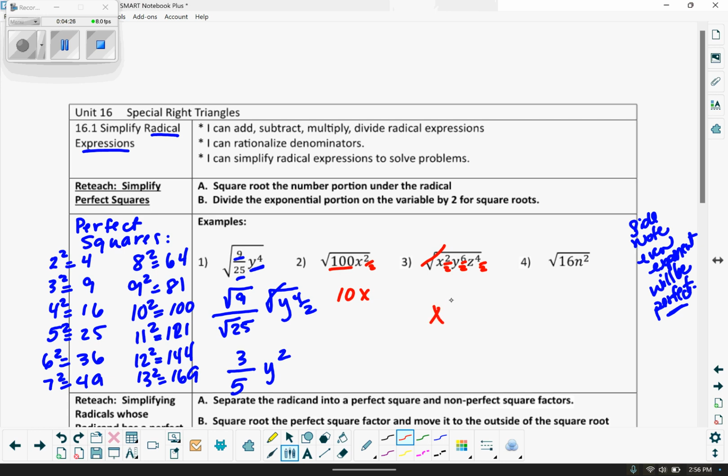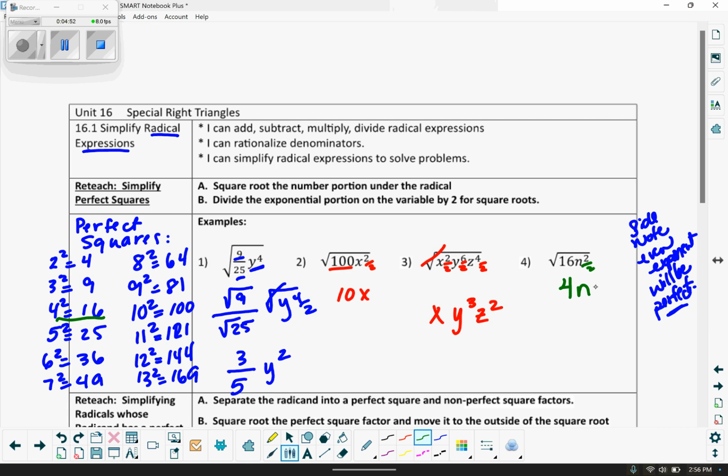So it's going to be x to the 1st, y to the 6th divided by 2 is y cubed, and z to the 4th divided by 2 is z squared. And the last one over here, the square root of 16, well, that's one of mine over here, so the square root of 16 is 4, and divide the exponent by 2, and we're going to have n, or n to the 1st.